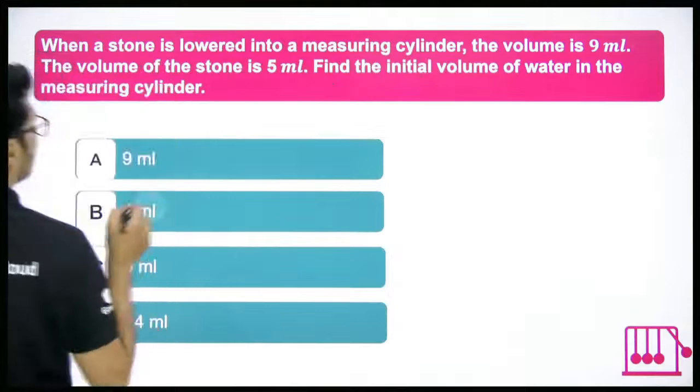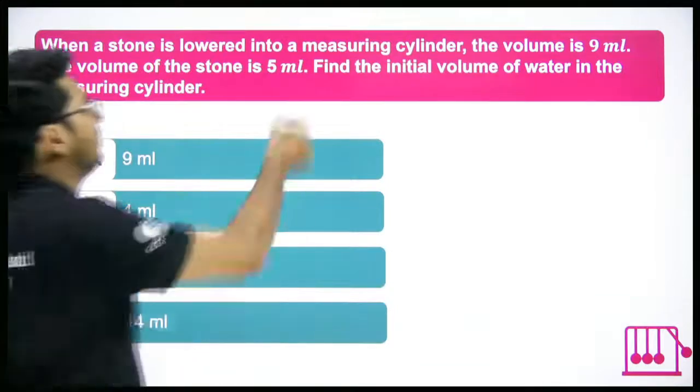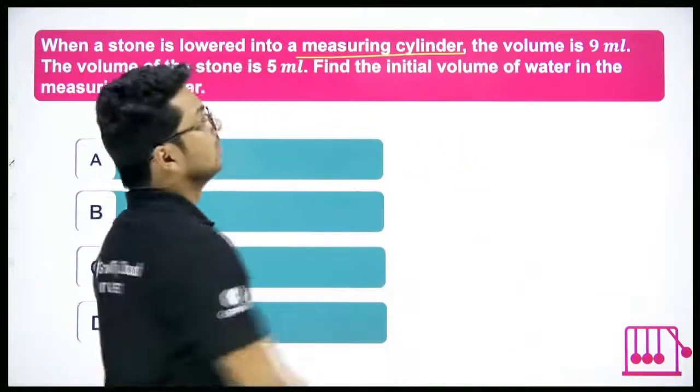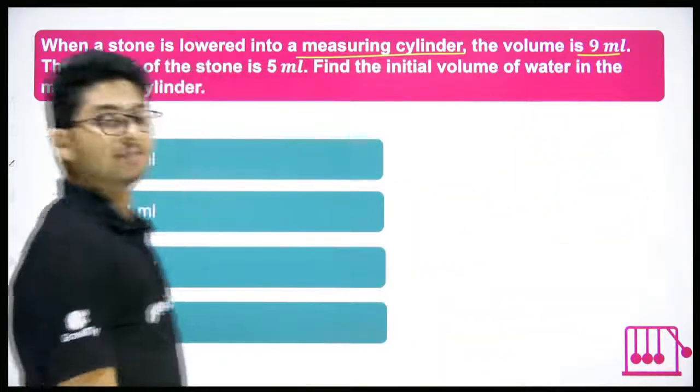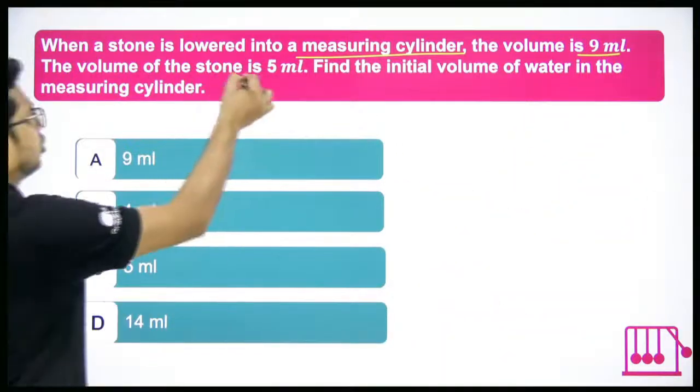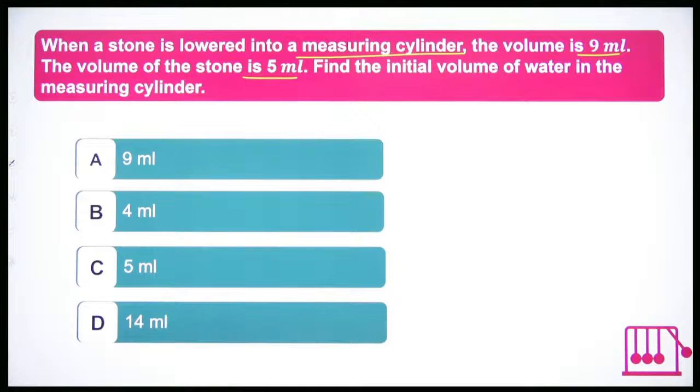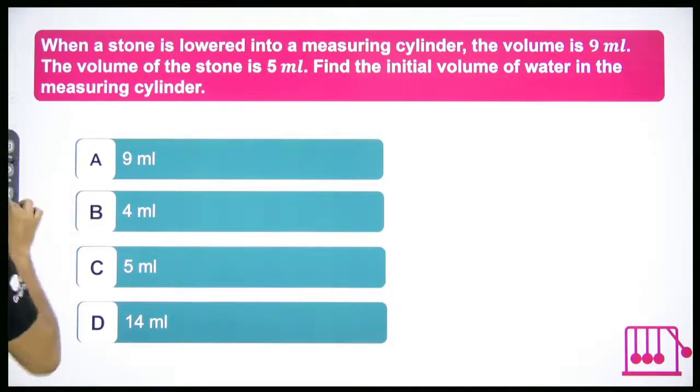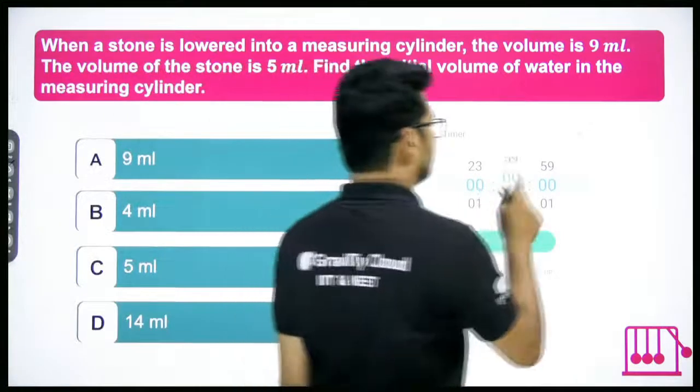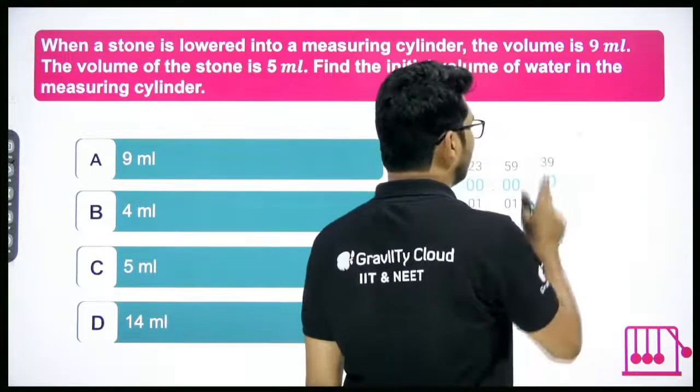When a stone is lowered into a measuring cylinder, the volume is 9 ml. The volume of the stone is 5 ml. Find the initial volume of water in the measuring cylinder. I'll give you 30 seconds because that's a question we have already solved.